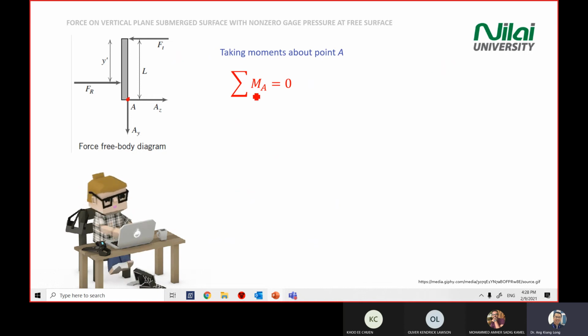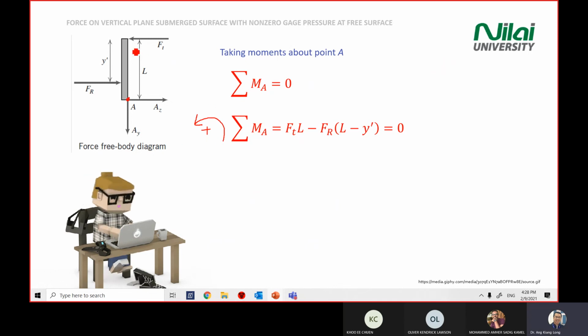So all the moment at point A equal to 0. So we can write this equation. We assume anticlockwise is positive. So Ft times L, you get the first moment because of Ft times L. You get anticlockwise moment.